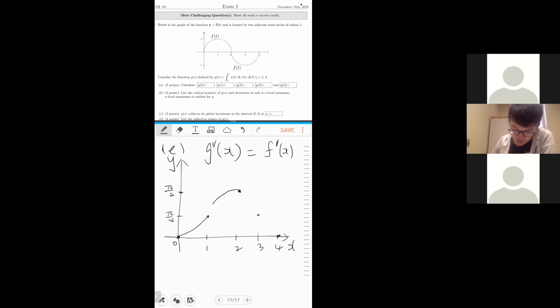Between 1 and 2, the first derivative, f prime of x, should be negative, which means the second derivative of g should be negative, so it's concave down. Between 2 and 3, the first derivative is negative, that means the second derivative of g should be negative as well. And then this one is positive. I'll just write it here. So g prime is positive here, g prime is negative here, g double prime is negative, g double prime is positive.